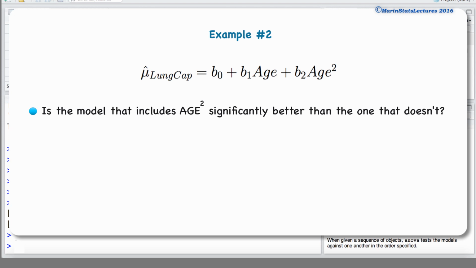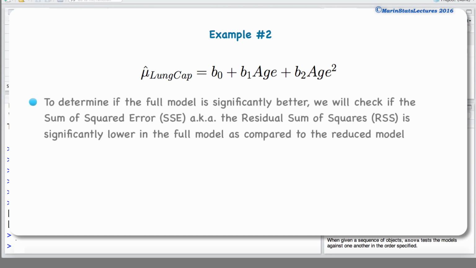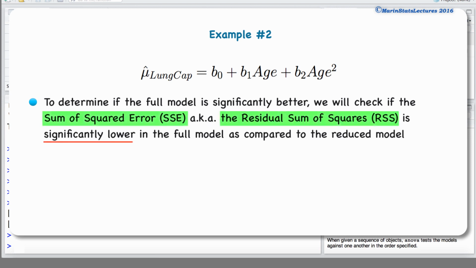Or again, conversely, we'd like to know if the model that excludes age squared is not significantly worse than a model that includes it. The way we will define if the full model is significantly better is by determining if the sum of squared error, or the residual sum of squares, is significantly lower in the full model as compared to the reduced model.